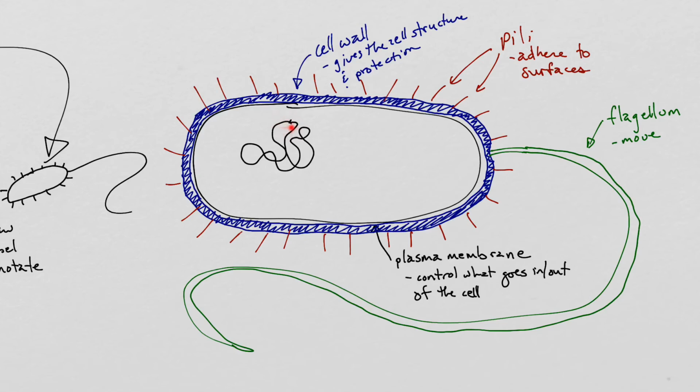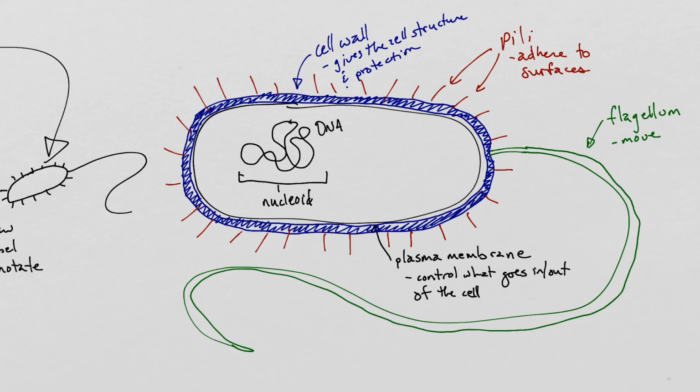That's because DNA inside of a prokaryote is circular, not like ours, which is just a really long string. So this is the DNA. The area that the DNA can be found in is called the nucleoid.